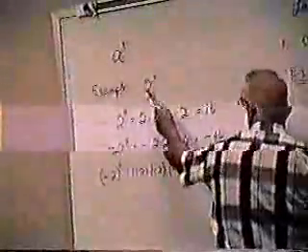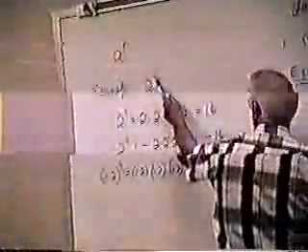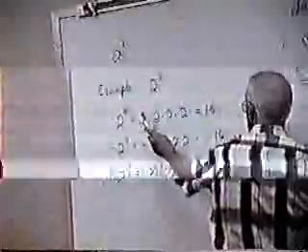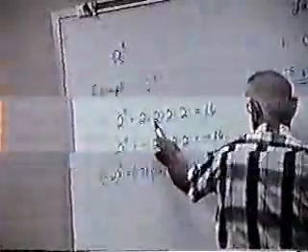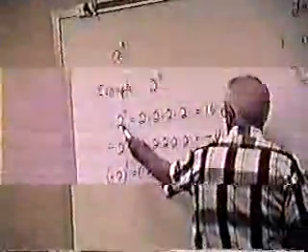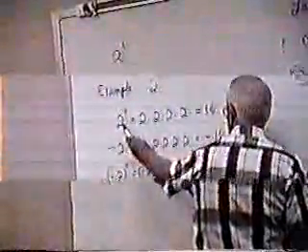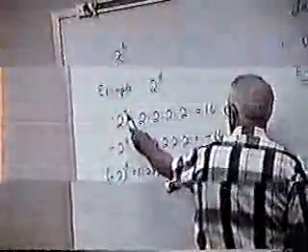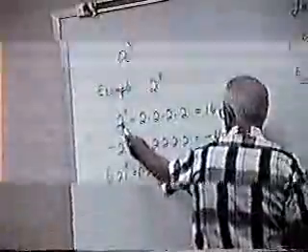Now what 2 to the 4th power means is we have 2 times 2 times 2 times 2. We have the base, and we multiply the base together this many factors, this many of these values.